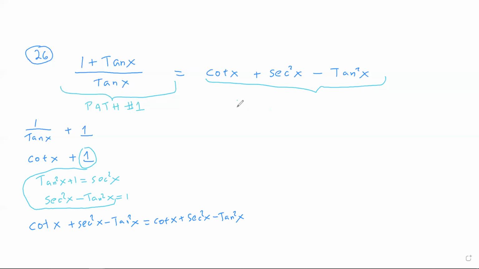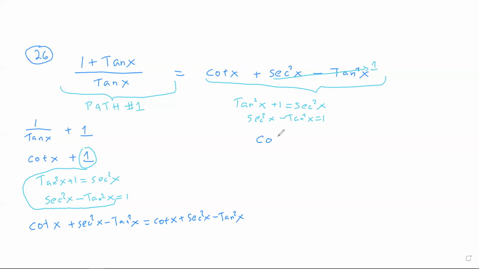We've already established that tangent squared of x plus 1 is equal to secant squared of x, and this gives us that secant squared of x minus tangent squared of x equals 1. That would mean that this one is equal to 1.